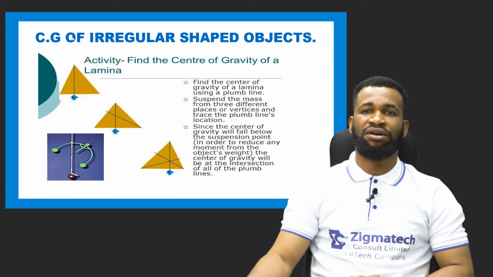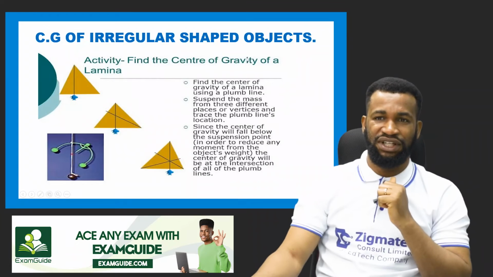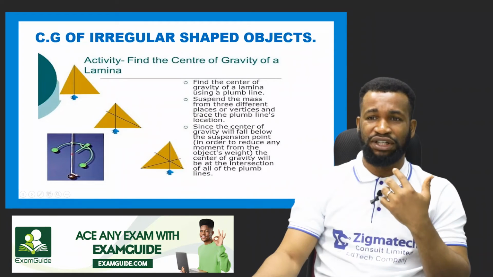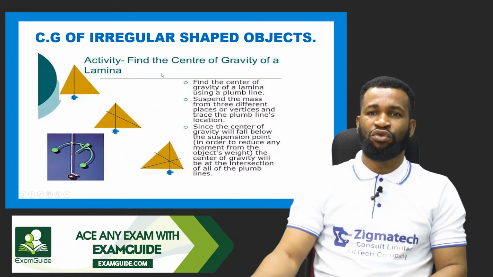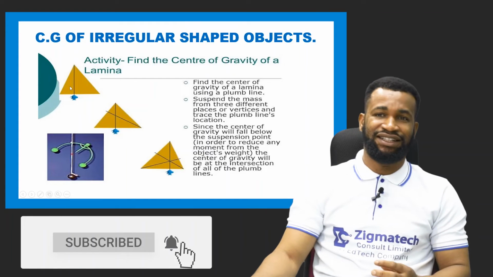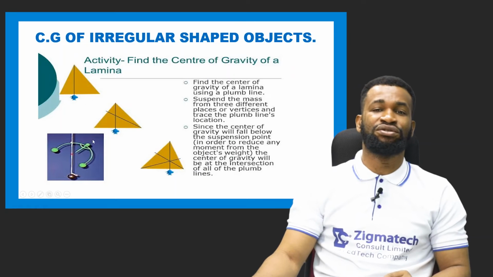Now, when we talk about the center of gravity of an irregularly shaped object, we use an activity called lamina and pendulum. The activity is to find the center of gravity of a lamina, an irregularly shaped body like the scalene triangle, every other kind of triangle which is not equilateral.